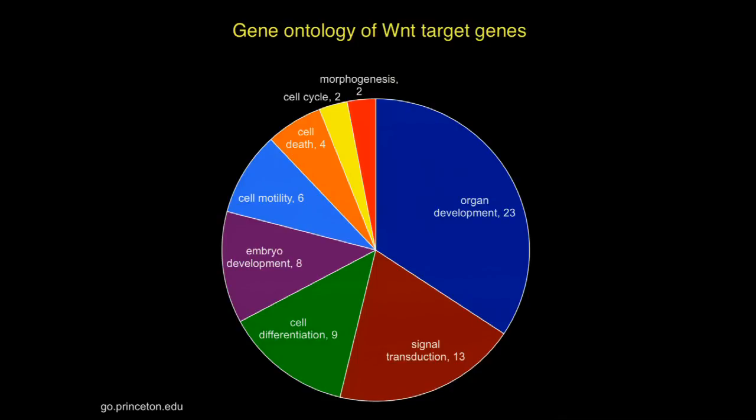And when I look at what I pulled out of the screen, many of the factors are involved in embryonic development and in particular in cellular behaviors such as motility, cell cycle, and cell death, which would be potentially interesting targets for looking at the mechanisms that regulate collective cell migration, cellular behavior within collective cell migration.